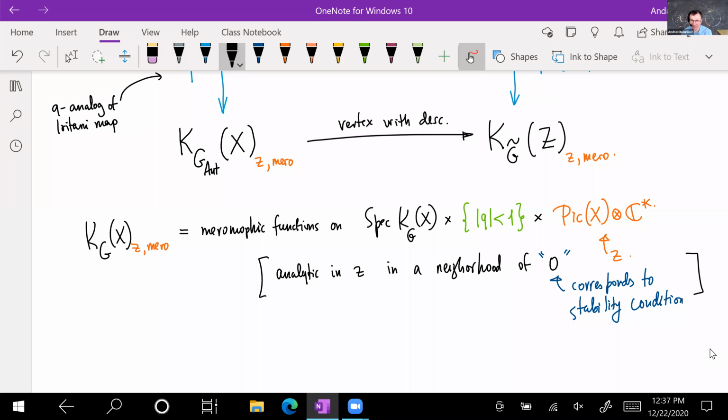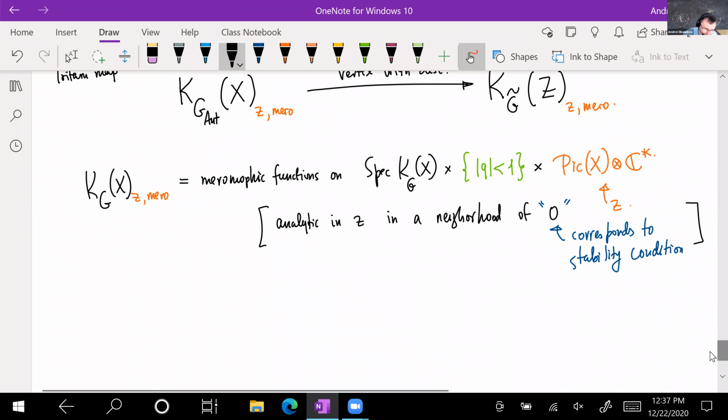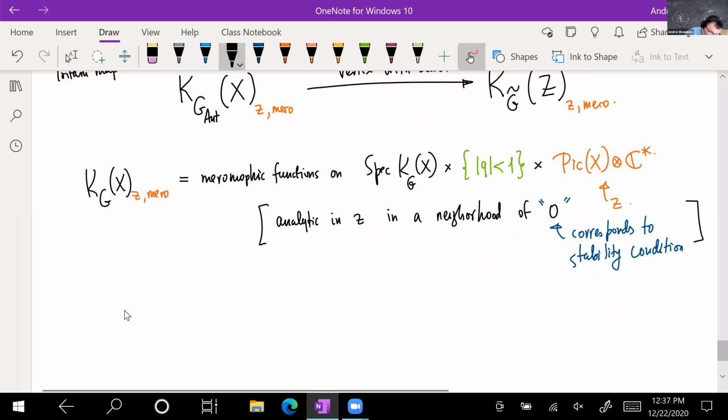And so what does it mean in a weak sense? In a weak sense, that means that if I take my vertex with descendants, I have some class alpha and beta, then what I have here is some kind of integral on the stack.